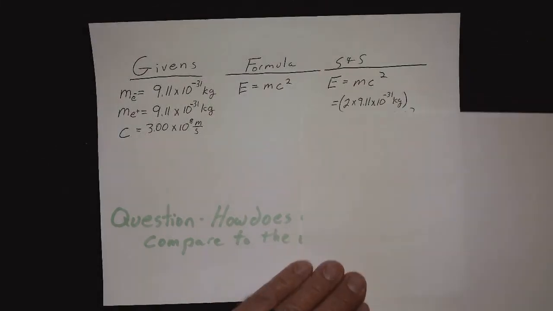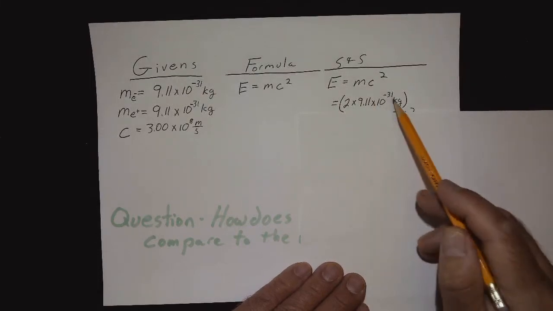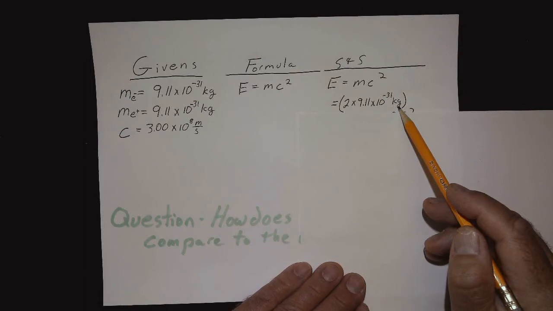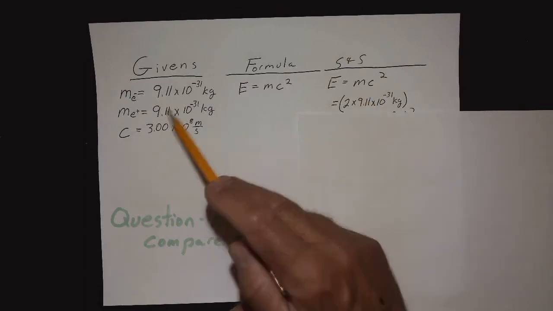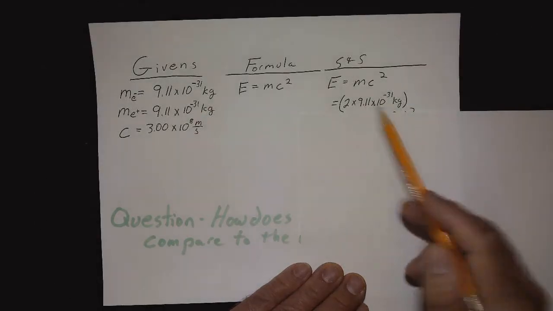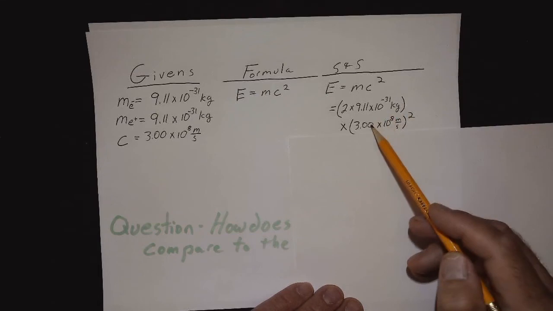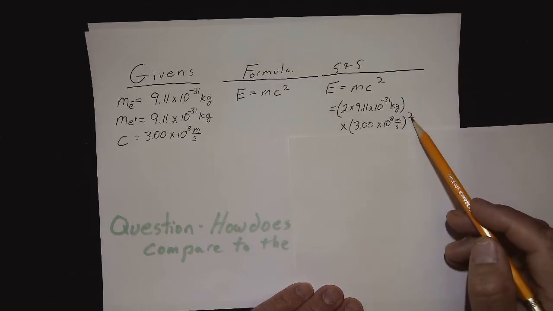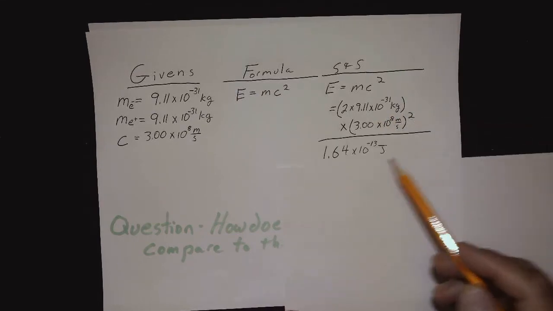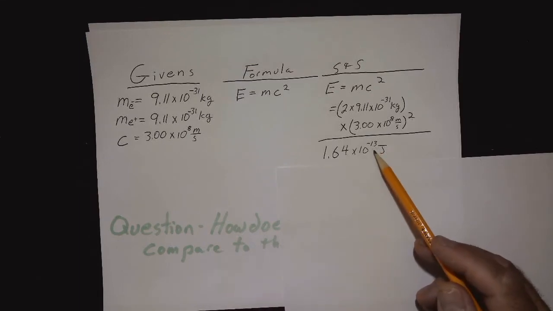So you have 2 times 9.11 times 10 to the minus 31 kilograms, right? Because the mass of both of these particles is going to be annihilated. Good, so that's the mass that we're killing off, 2 times the mass of an electron. That's the speed of light. Don't forget to square it. When we do all that, we get 1.64 times 10 to the minus 13th joules.